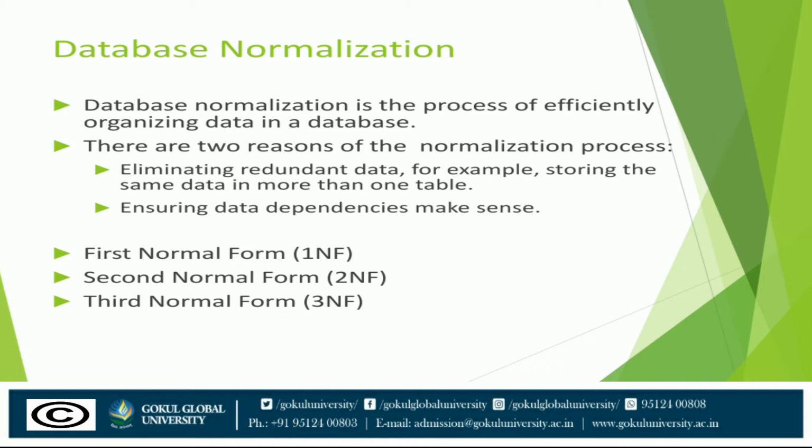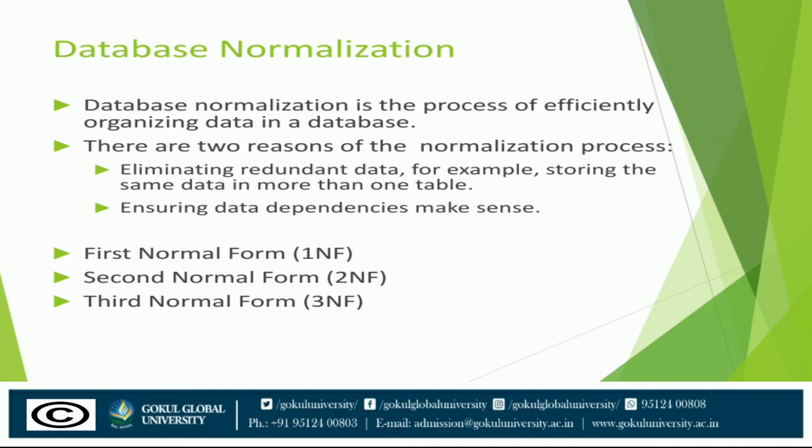Normalization consists of a series of guidelines that help guide you in creating a good database structure. Normalization guidelines are divided into normal forms. Think of forms as the format or the way a database structure is laid out.